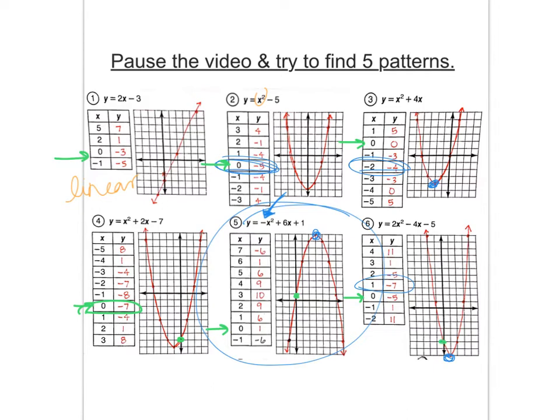Notice, for instance, in question 4, the 0 is -7, which is the number at the end of the equation. On 5, the 0 is 1, which is the last number in the equation, that constant term. Same thing on 6. On number 3, because this one's a little bit different, the constant term is 0 because there is no constant term in the equation.